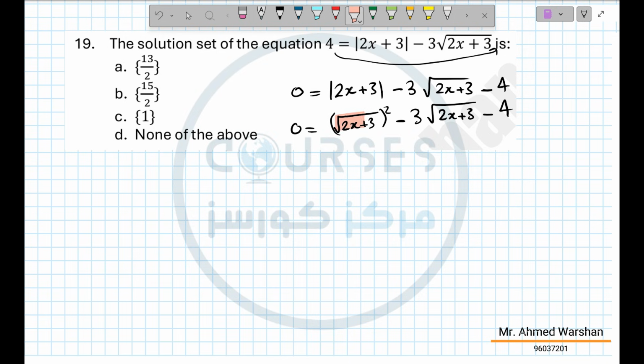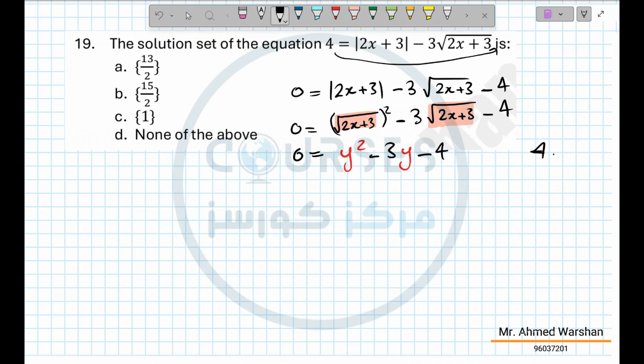Not exactly. But let's try replacing this square root with another variable. Let's say y. Wouldn't this be 0 equals y squared minus 3y minus 4? Now it looks like a quadratic. So let's solve it.